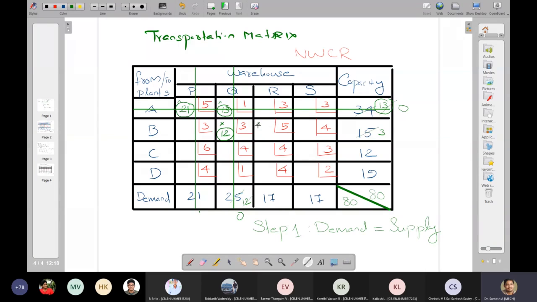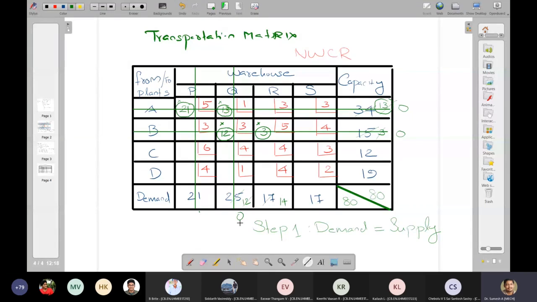This 3 is gone and becomes 0, so 17 changes into 14. You can see that the second row also gets eliminated right now.